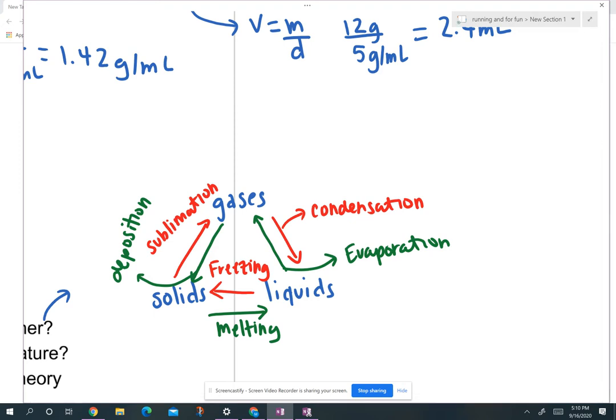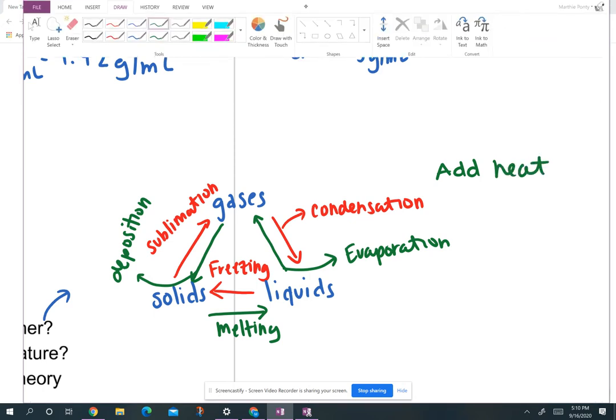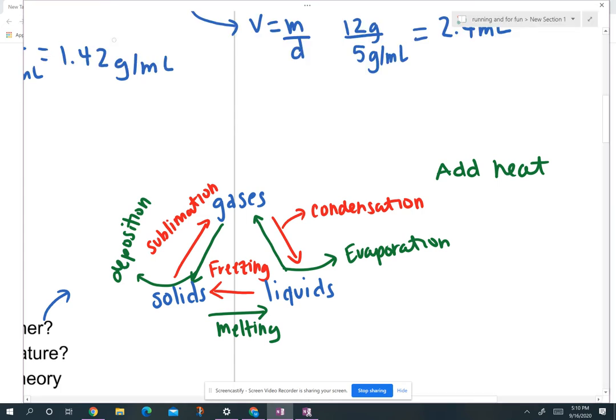So just remember that you can change states, and this is all a process of adding heat. So the green ones, we added heat. You can also take away heat, and that is how you can get from one process to another.